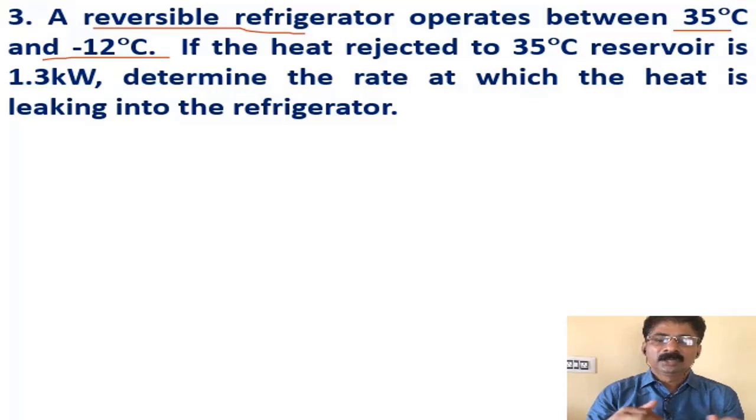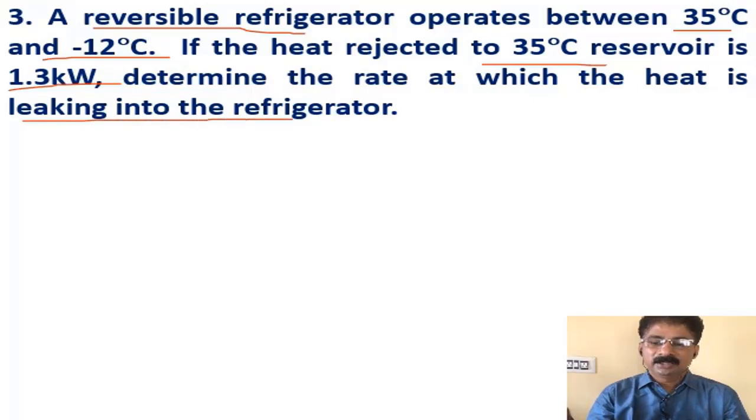So here the refrigerator operates between two temperature limits, 35 and minus 12, as all of you know. Here this absorbs heat from the reservoir at minus 12 degrees C and supplies it to the reservoir at 35 degrees Celsius. And if the heat rejected to the 35 degrees Celsius reservoir is 1.3 kilowatt, that means it is QH. Determine the rate at which the heat is leaking into the refrigerator.